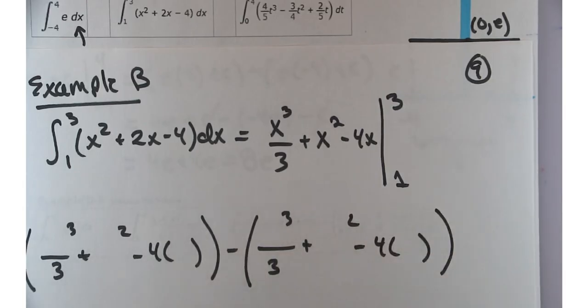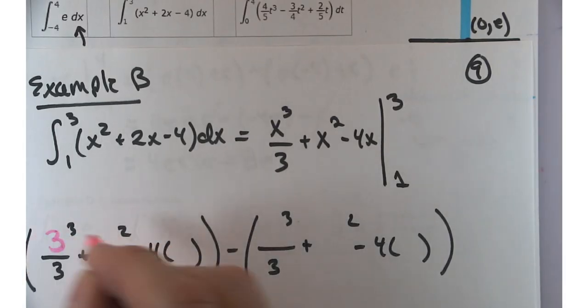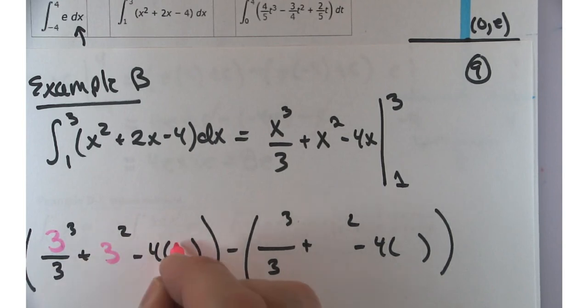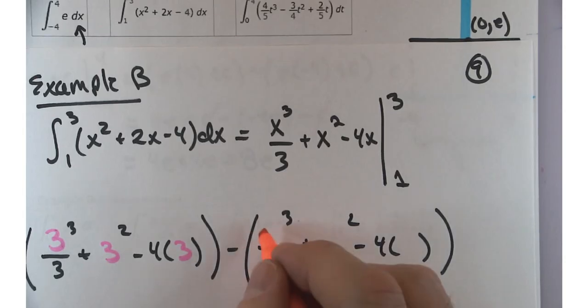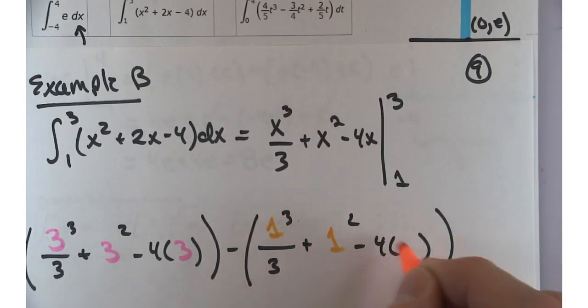All right, so let's see. We're going to plug in, first of all, a 3 here. I'll put in a 3, a 3, and a 3. And then a 1, a 1, and a 1.